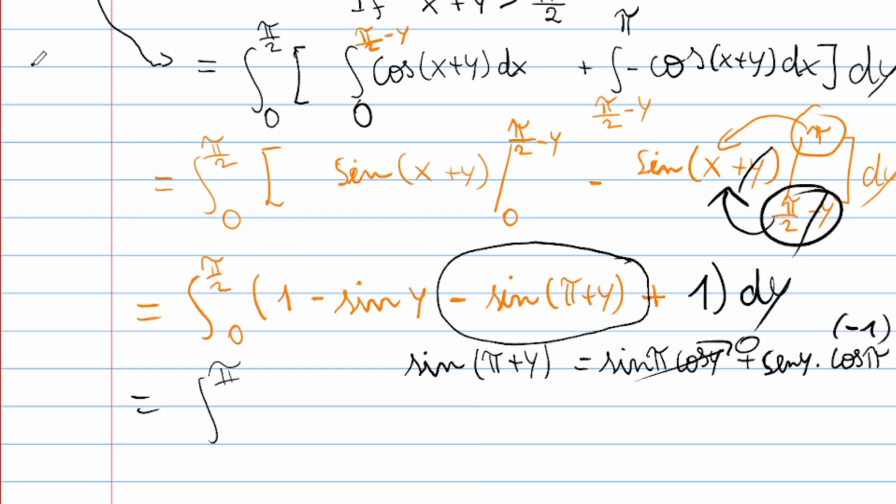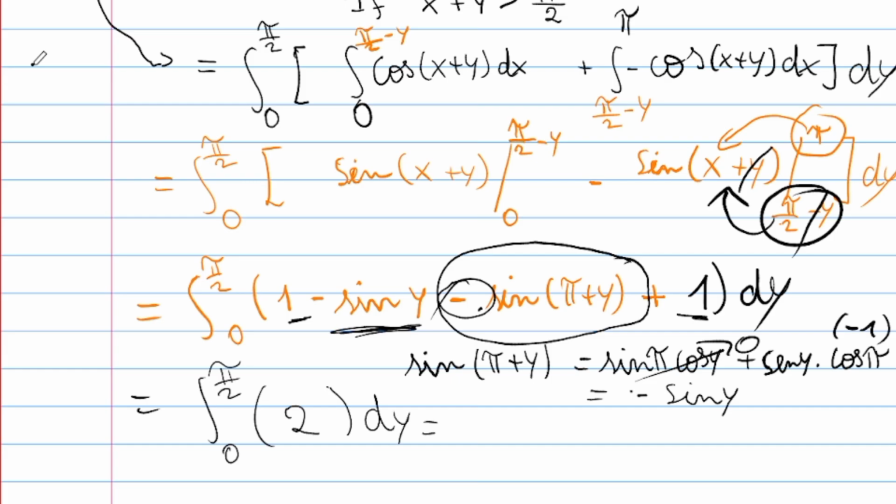So this integral is from 0 to pi over 2 of 1 plus 1, we get 2. Then the other part is minus sine y, but don't forget the minus there. If we multiply this minus by this minus, we get plus, and in the end it's 0. So we end with this integral.